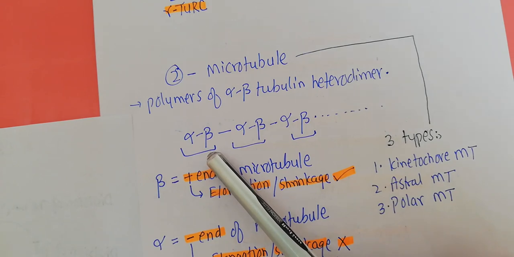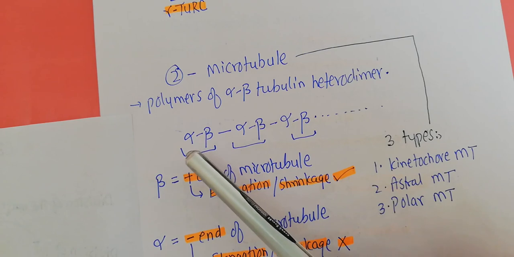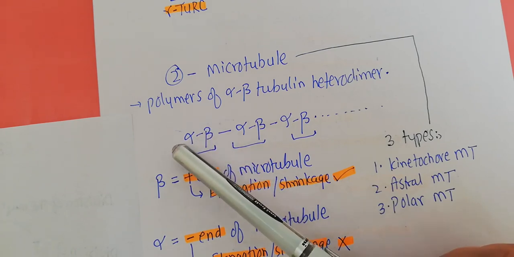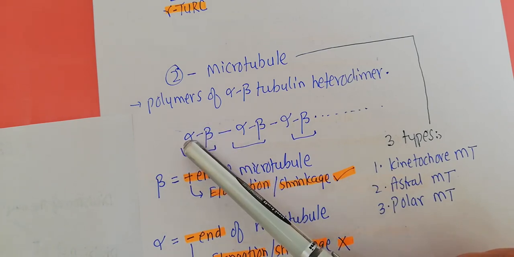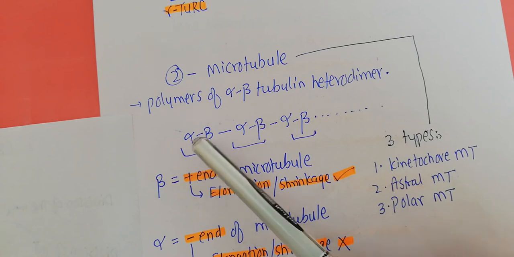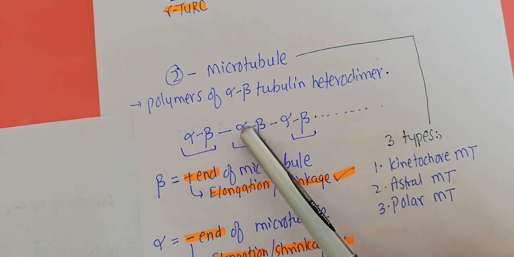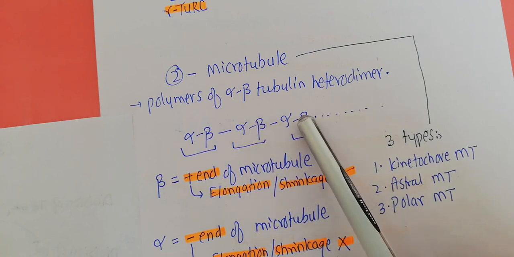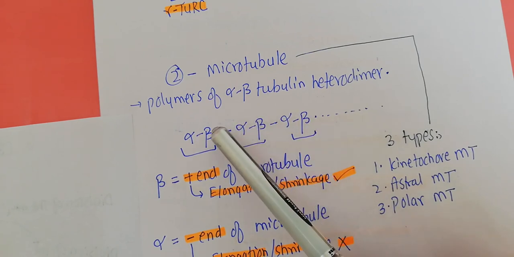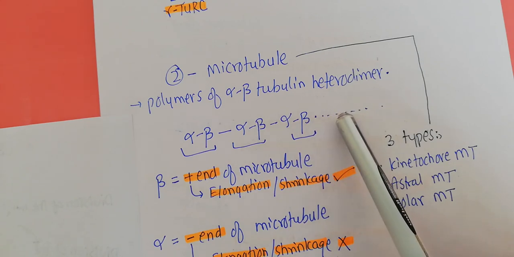A heterodimer, in the sense that hetero refers to different and dimer refers to two. This subunit is made up of two proteins, but as the two proteins are different from each other, we call it a heterodimer. One heterodimer forms, another forms, and another forms, and they combine with each other to give this long polymeric structure, which is the microtubule.